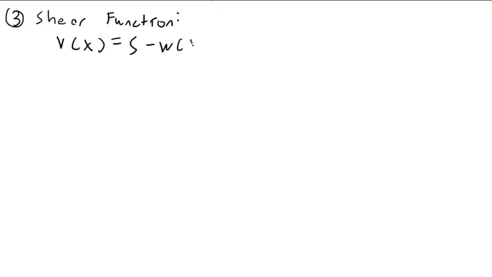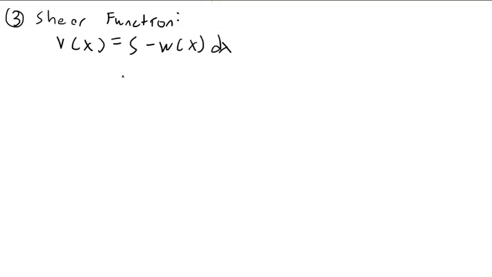Next, we wish to develop the shear function. We know that V as a function of x is equal to the integral of negative w of x dx. So now let's plug and chug.